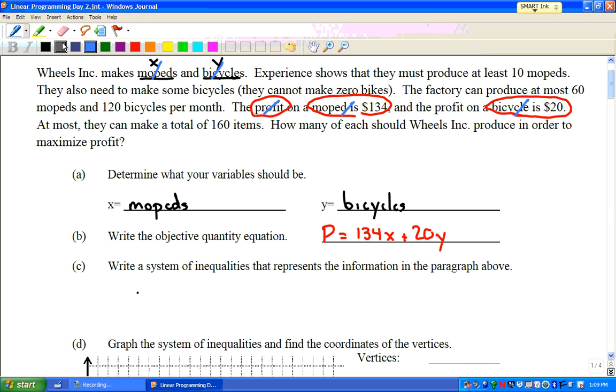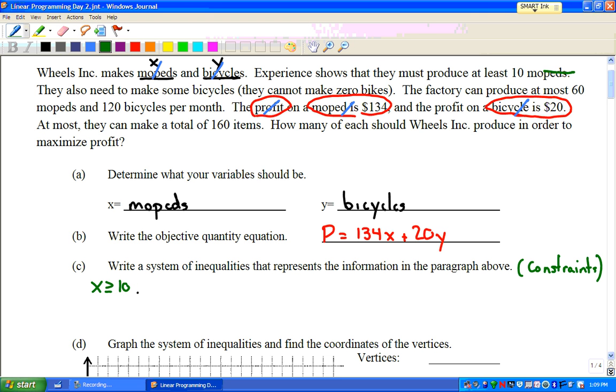Now we need to talk about our constraints. That's what we used yesterday to make the shaded region that gives us our max and min values. Experience shows that they must produce at least 10 mopeds. My mopeds are my x variable, so x is greater than or equal to 10 because they have to make at least 10.